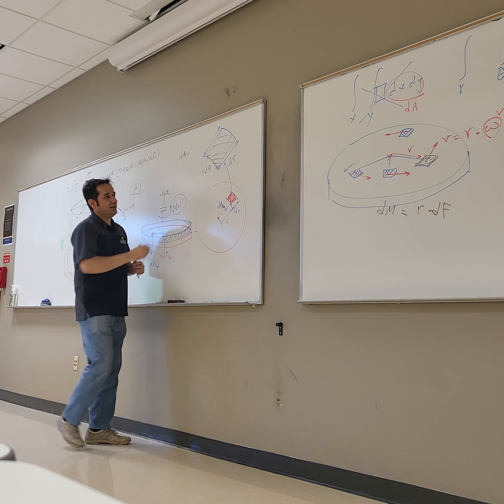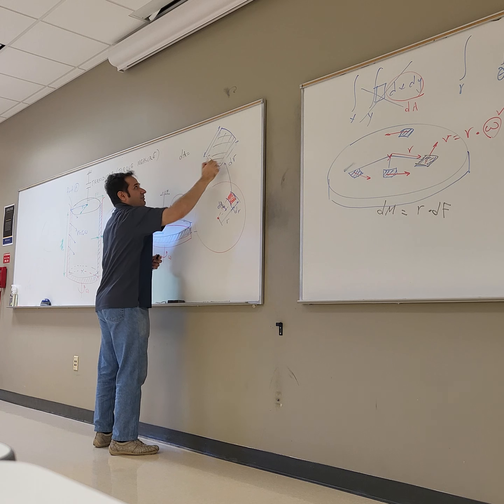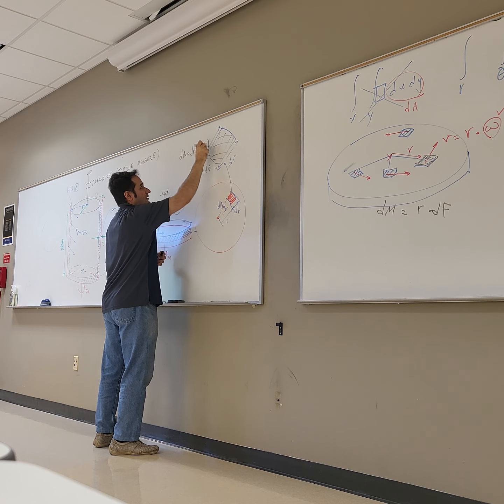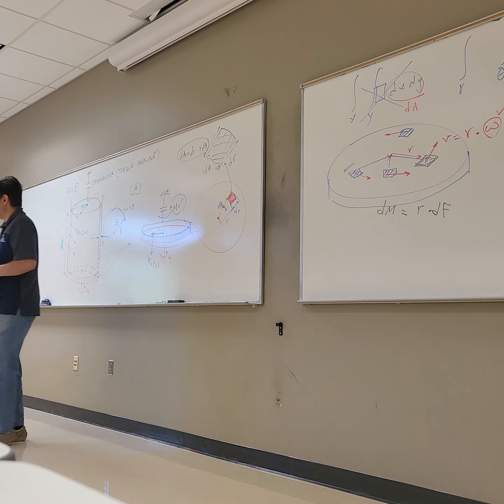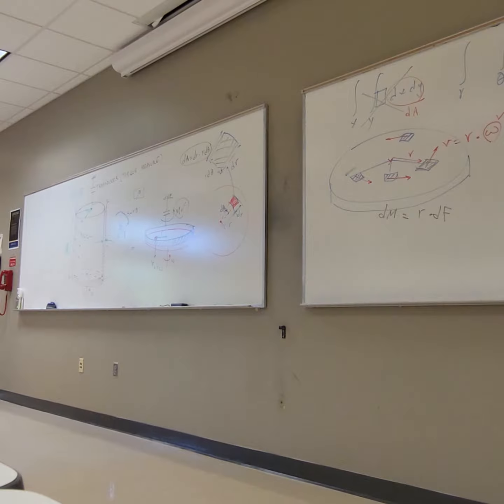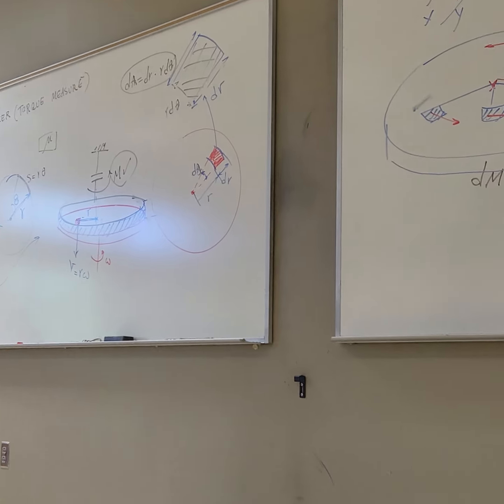R d theta dr, this side by this side. This side is dr times R d theta. This we can memorize, but when you assemble everything in the fluid mechanics problem solving, you have to really understand it.